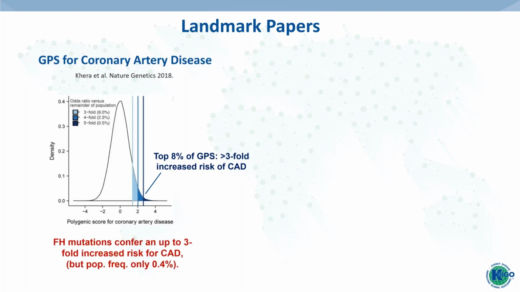Well, this threefold effect estimate is important because it is pretty well established that familial hypercholesterolemia mutations confer roughly the same degree of risk, obviously by increasing cholesterol levels, there's roughly threefold increased risk of coronary artery disease, but the population frequency of these Mendelian forms of disease is estimated at roughly 0.4%.